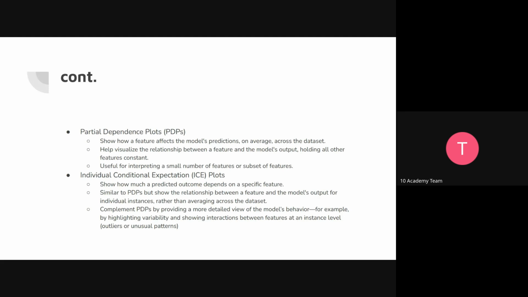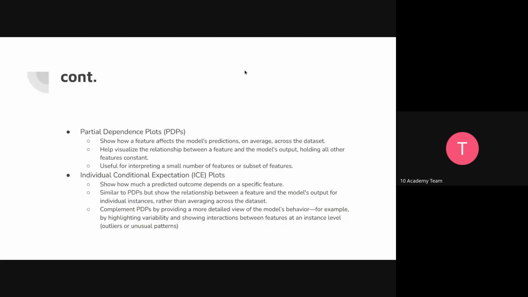They are similar to each other, but individual conditional expectation plots consider only a specific feature instead of a set of features on the output. They can be complementary to each other.